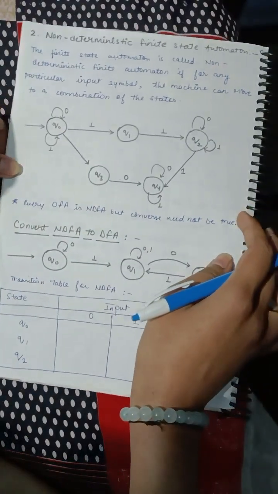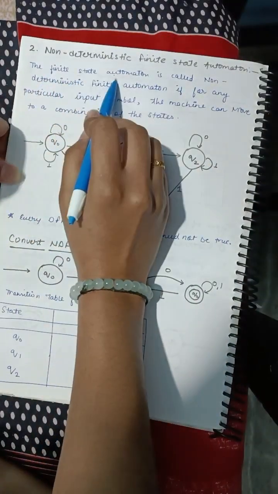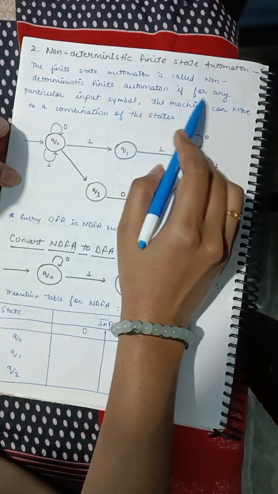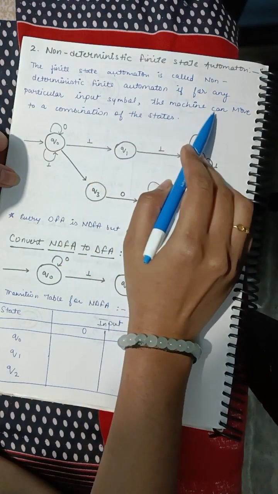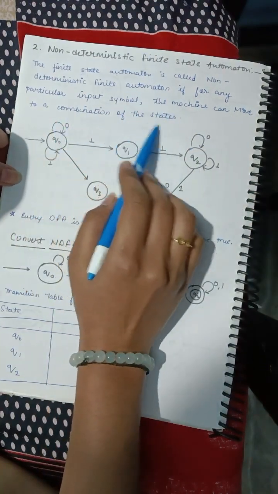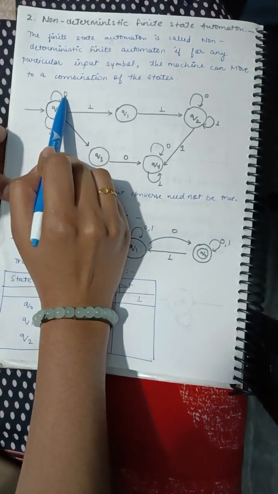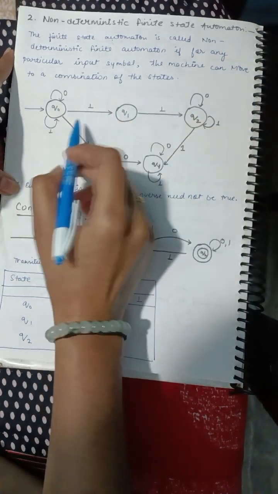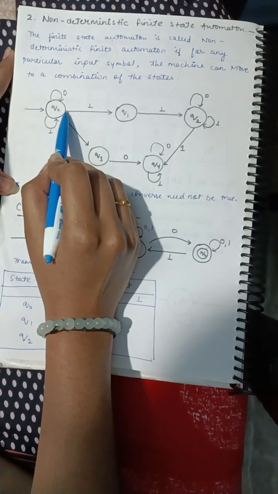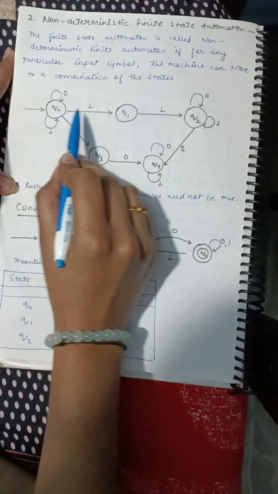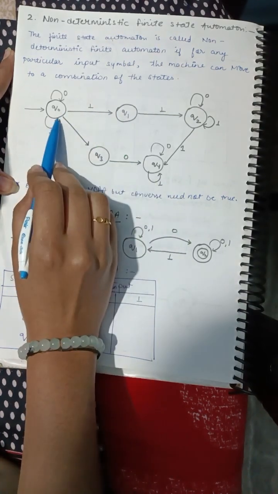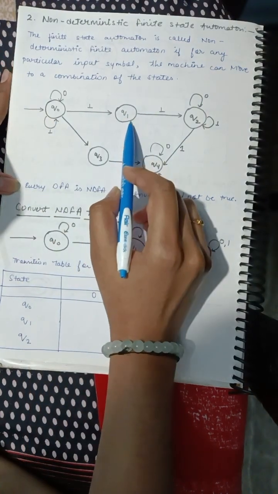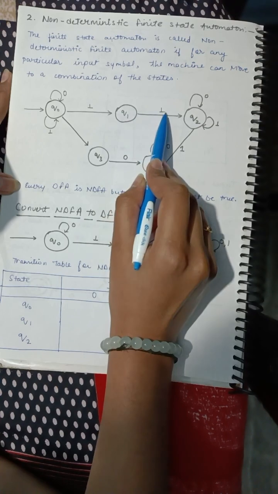For non-deterministic finite state automata, the finite state automata is called non-deterministic finite automata if for any particular input symbol the machine can move to a combination of the states. Means for a single input there can be more than one representation. For q0, the input value at 1 is q1, and also q0 itself, as represented. For q1, the input value at 1 is q2.